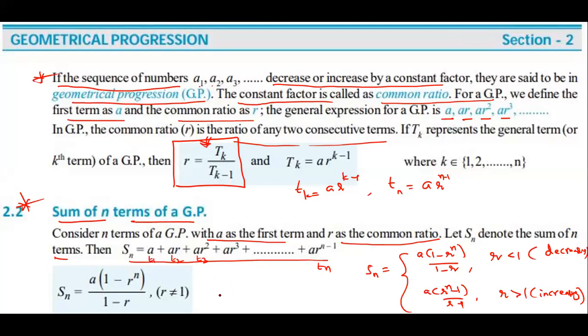If r is equal to 1, then the sum of n terms is how much? n into a. Beautiful, Praneet, excellent. Yes, good. na means a plus a and so on, repeated n times. na. All the terms are added. Good. So please add these points in your notes. That's what I'm saying: every time, make short notes.